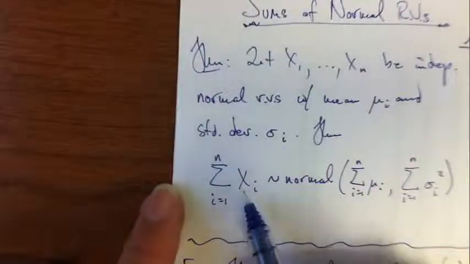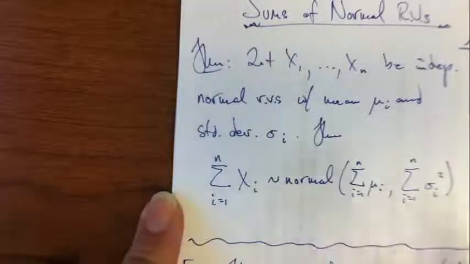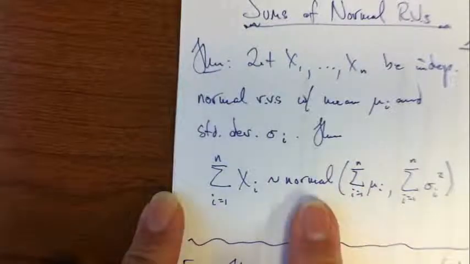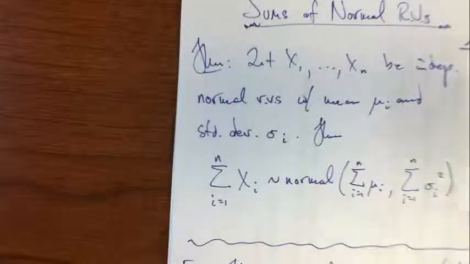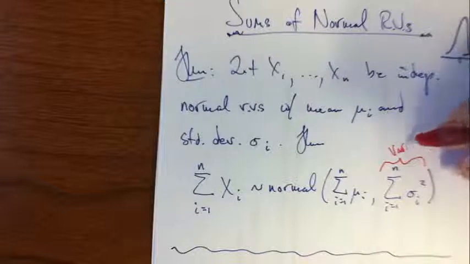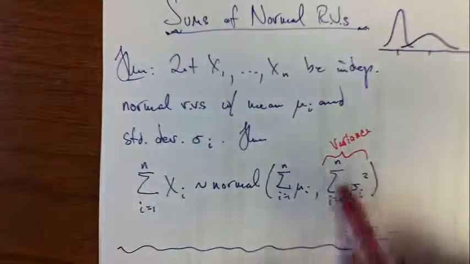Then if I'm interested for some reason in the behavior of the sum of those things, well, I know what that is. The behavior is normal with mean the sum of the means, and this is the variance. Okay, by the way, this is the variance. Be careful here. Sometimes when people use this kind of notation, they put the standard deviation over here.